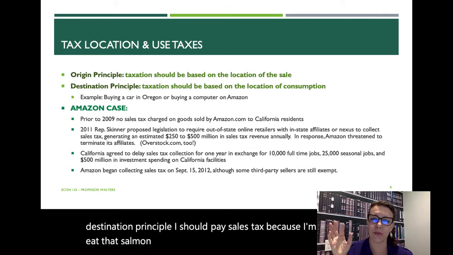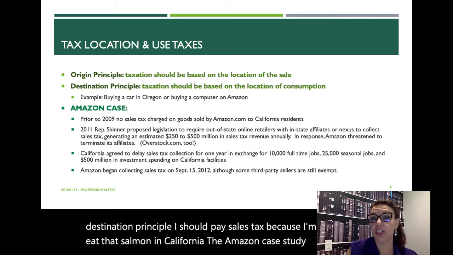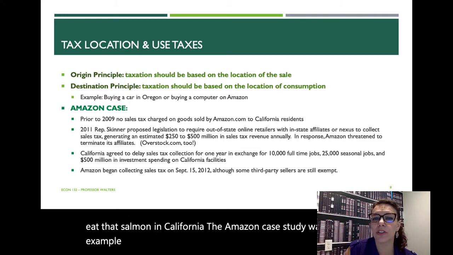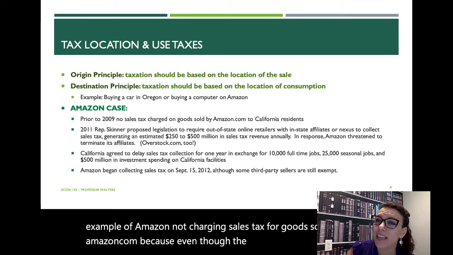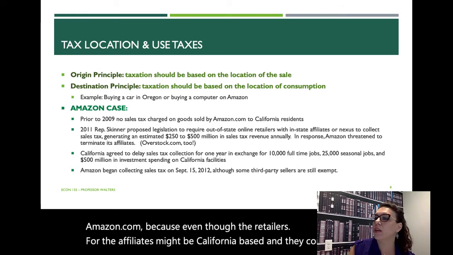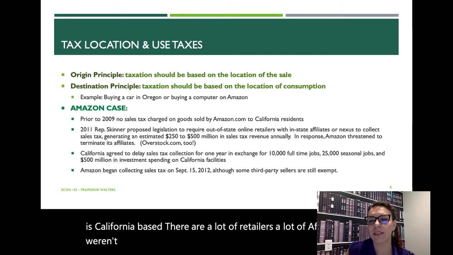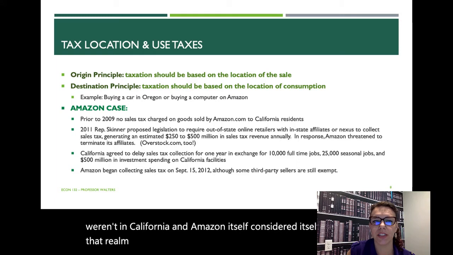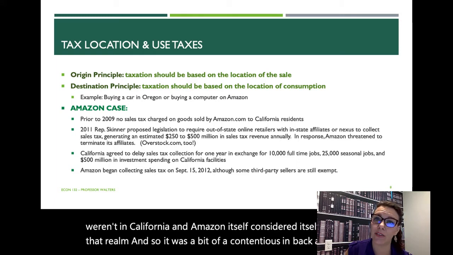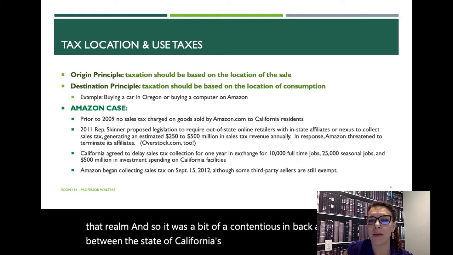The Amazon case study was an example of Amazon not charging sales tax for goods sold on Amazon.com, because even though the retailers or the affiliates might be California-based and the consumption is California-based, there were a lot of retailers, a lot of affiliates who weren't in California, and Amazon itself considered itself outside of that realm. And so it was a bit of a contentious back and forth between the state of California's government and Amazon itself.